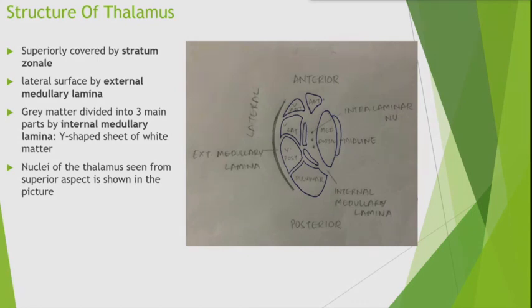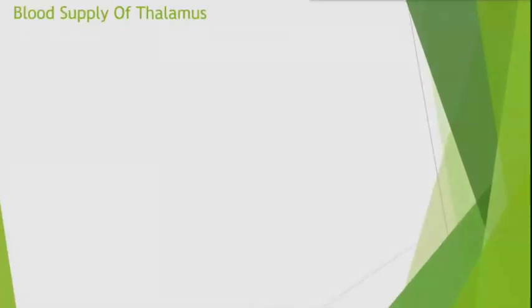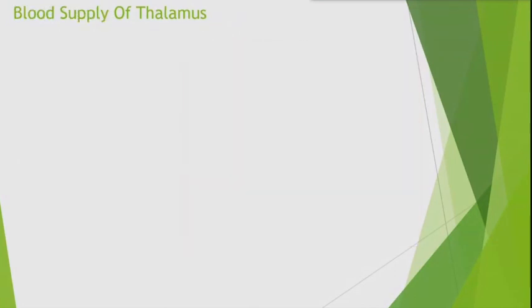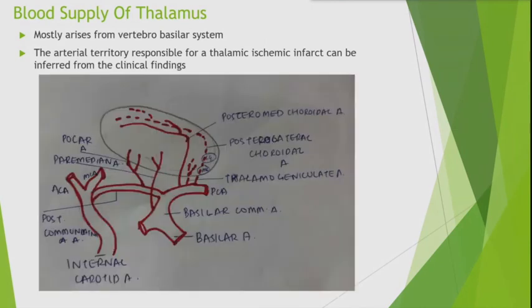And in ventral, there are mainly two nuclei: anterior, posterior, and intermediate. And posteriorly, it is the pulvinar of the thalamus. So you know the structure and the blood supply, mainly from the vertebrobasilar system. Okay. So do you know any syndromes in relation to the thalamus?